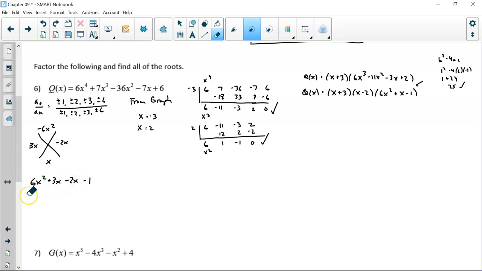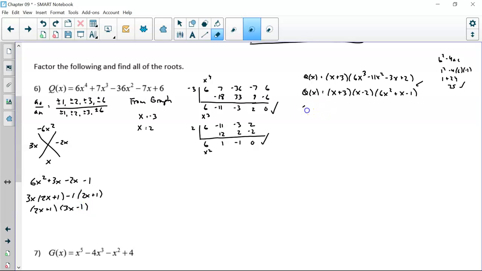Group the first two terms, we get 3x. When you factor that out, you get 2x plus 1. And now for the last two terms, factor out a negative 1, and then we have a 2x plus 1. So our common factor, 2x plus 1 times 3x minus 1.